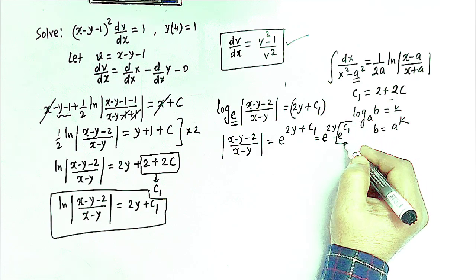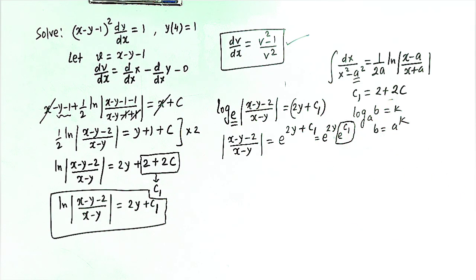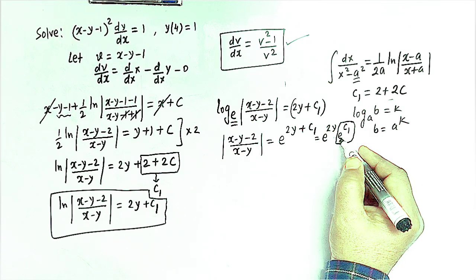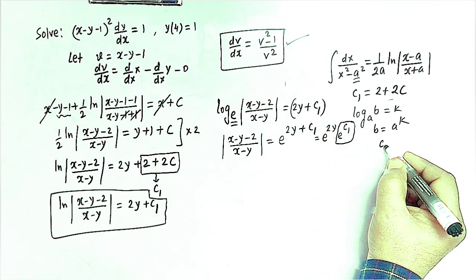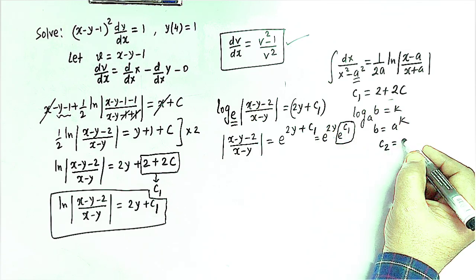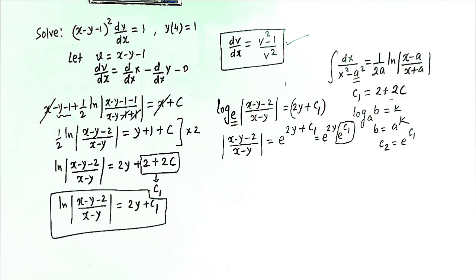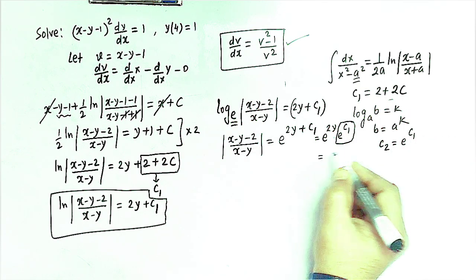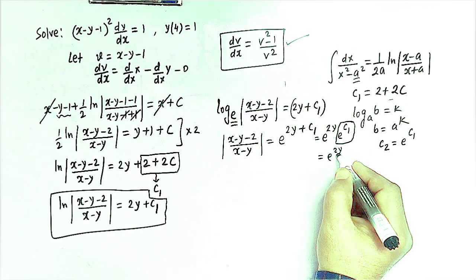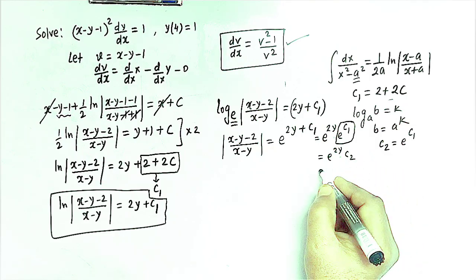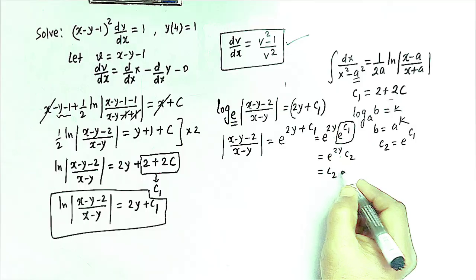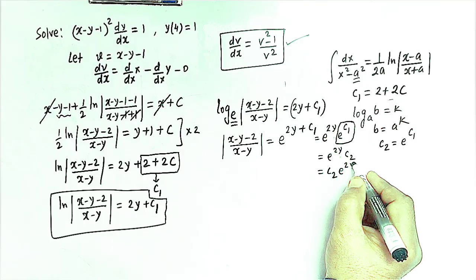Now e raised to c1 is another constant. So let us replace e raised to c1 by some other constant, say c2. So here we have c2 is equal to e raised to c1. So here we have now e raised to 2y times c2, that is c2 times e raised to 2y.